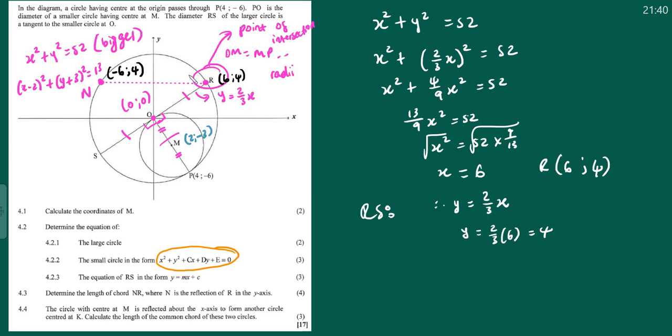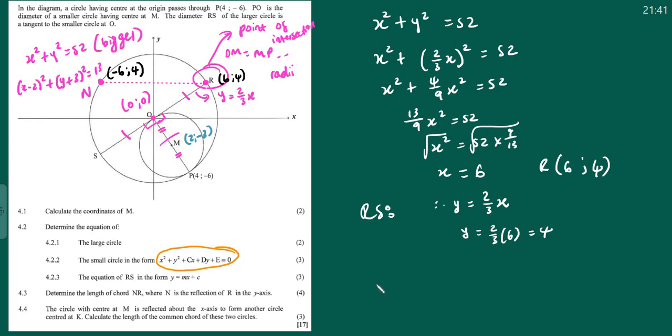Just to clarify, reflection about the y-axis means the y is not changing, but x changes sign. The values are not changing, just the sign. If I reflect about the x-axis, then x will not change, it will be 6, but y will be negative 4.